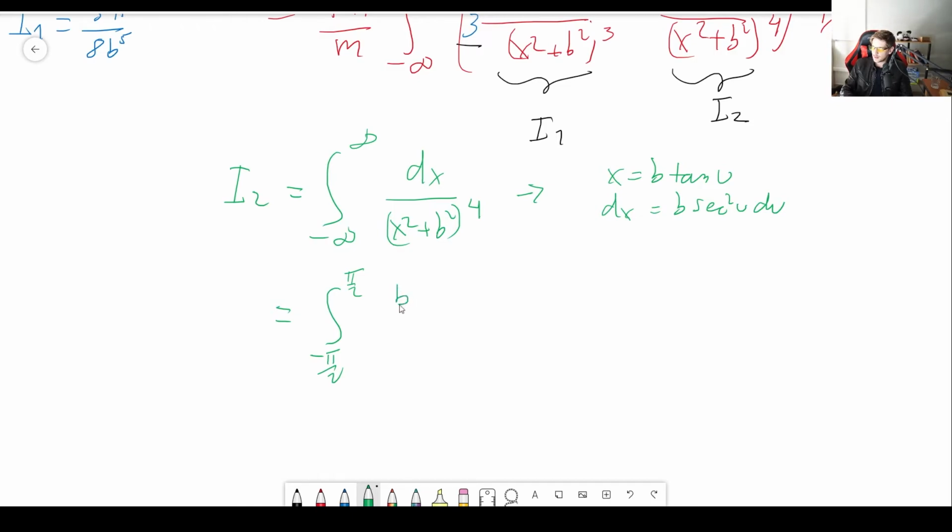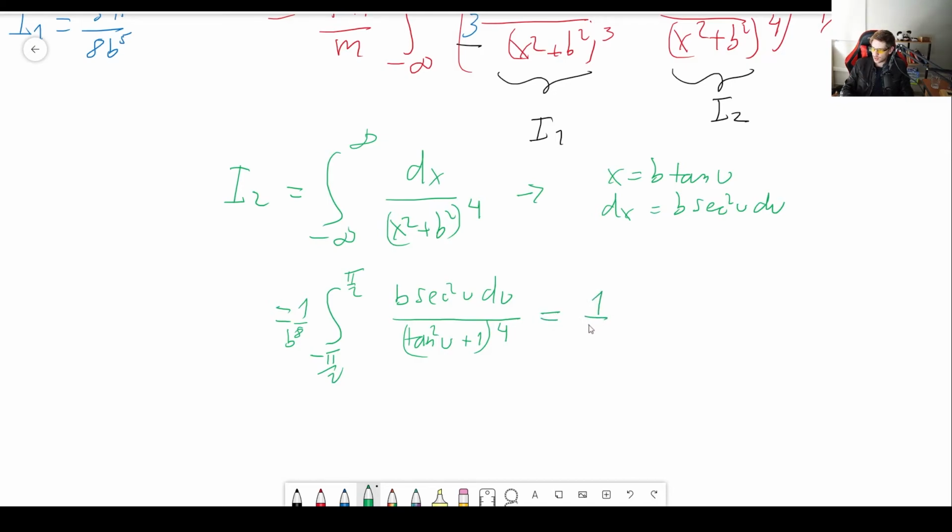So this is going to be b secant squared of u du divided by, and again, we have to factor out b squared. When we factor it out, it's going to get elevated to the 4th power. So we get 1 over b to the 8th, and then we get (tangent squared of u plus 1) to the 4th power. Again, this is going to be cosine squared as before, but let's go one step at a time.